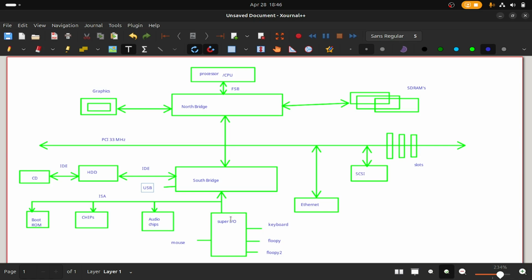Audio, video, and all. At that time, keyboard and mouse USB interface was not available. But nowadays, even your audio port is available with the USB port, right? Audio port means you can talk, you can listen, all these things can be connected with the USB ports. If you have outdated kind of things, you can connect here to the super IO port, else directly you can interface with the USB port.